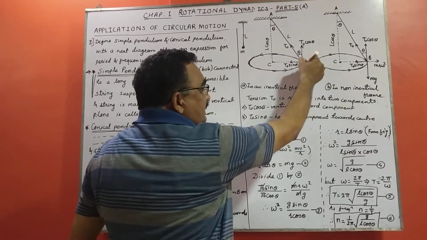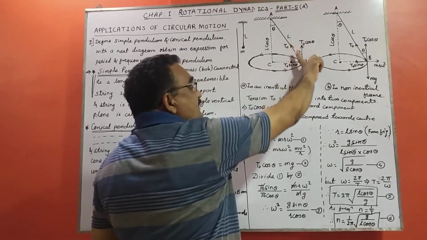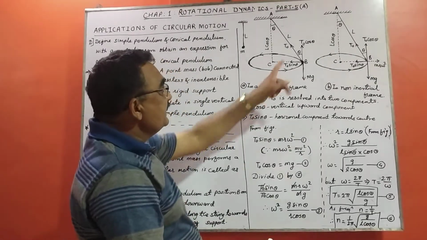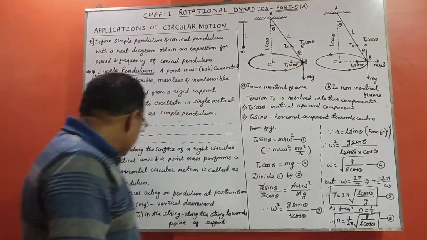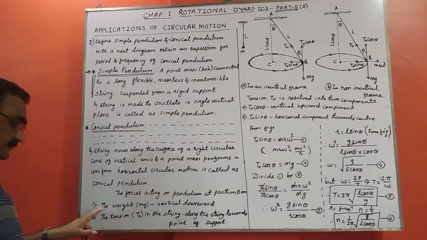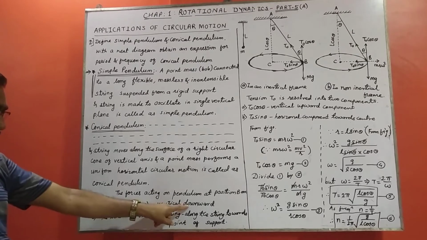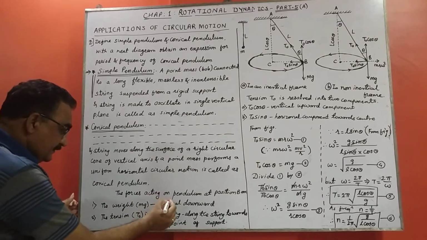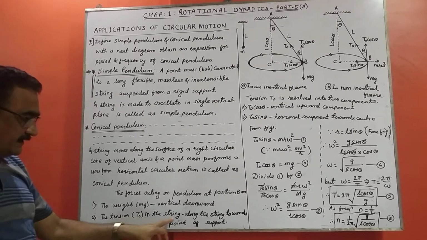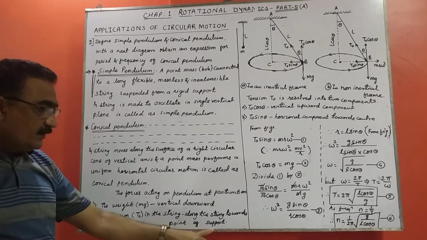So this is the gravitational force acting vertically downward, and T0 is the force in the string. Means there are two main forces acting. So we can write the forces acting on a pendulum at position B: the weight mg, a vertical downward force, and tension T0 in the string along the string towards the point of support.